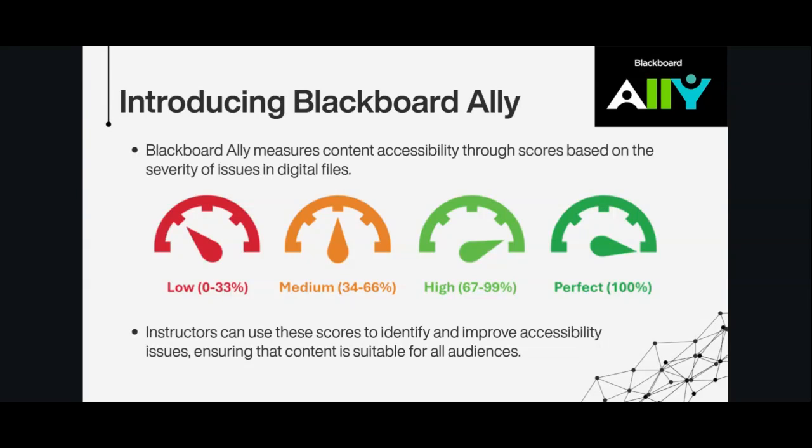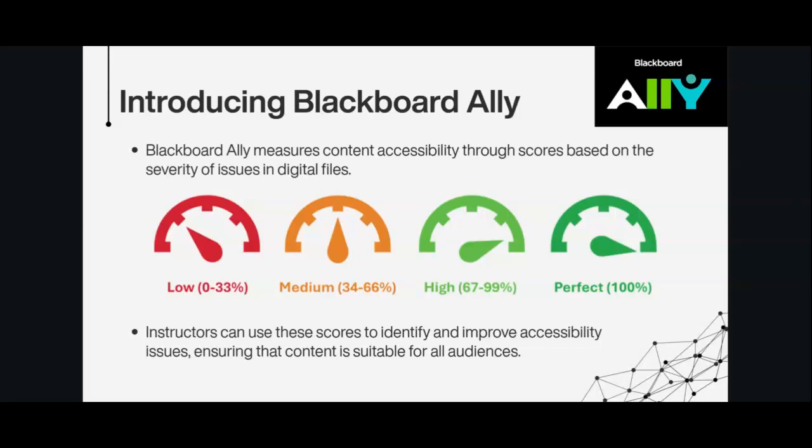But if you've uploaded a syllabus, you most likely have received an accessibility meter. Basically, after it measures it, it releases this score, and then you would click on the little icon, and it'll take you to the interface.